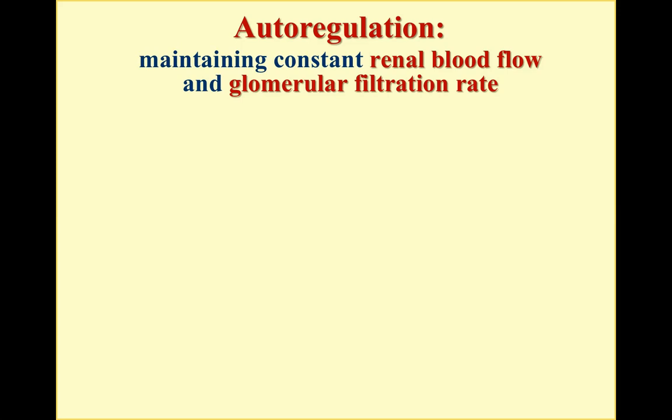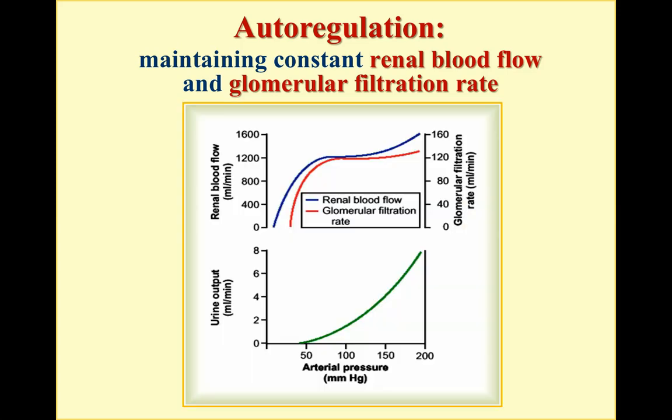But there is one more mechanism of autoregulation which also helps to maintain constancy of renal blood flow and filtration rate. First, we just observe how the renal blood flow and glomerular filtration rate change with arterial pressure changes. Normal arterial pressure, average between systolic and diastolic, is 100 millimeters of mercury, and it corresponds to a certain level of renal blood flow and glomerular filtration rate.